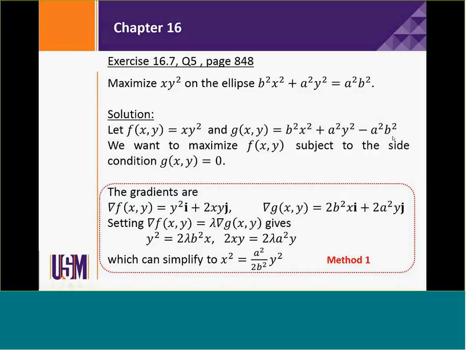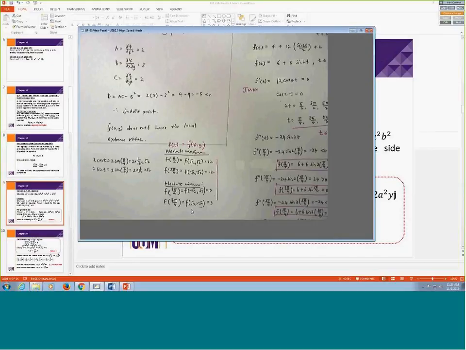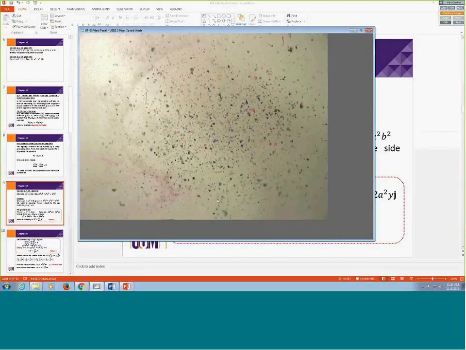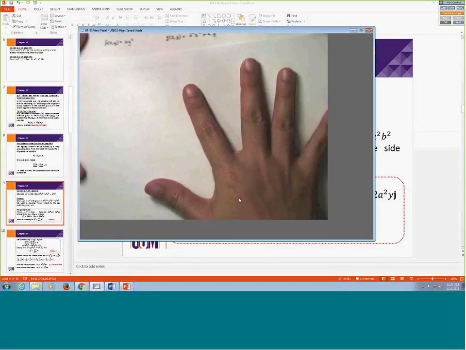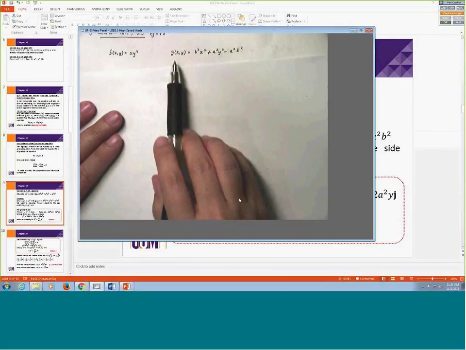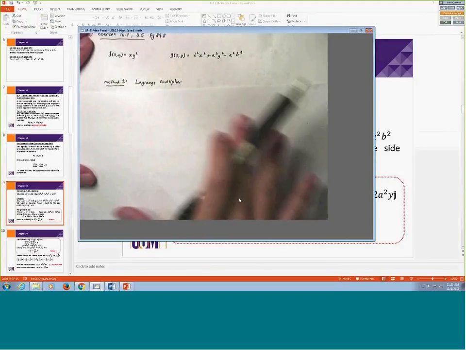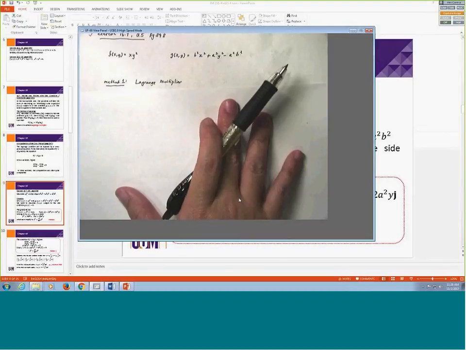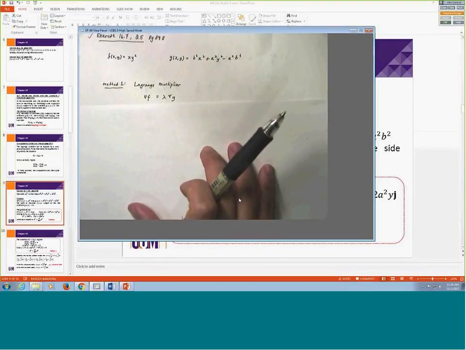So I'll show you the example of how to use the Lagrange multiplier. We define this is our f(x,y), this is g(x,y). Method 1, Lagrange multiplier, uses the formula gradient f equals lambda gradient g.